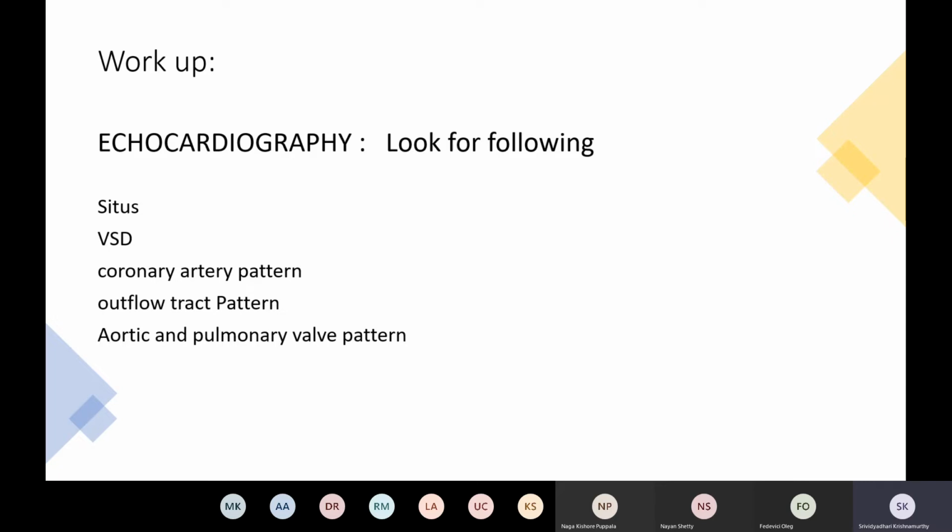Then we look at whether there is an ASD or VSD, the various mixing levels, the coronary artery pattern, the outflow tract pattern, and the relation between the aortic and pulmonary valve, because these have implications for when and how quickly we get into management of the condition. And of course, it has implications for how the surgeons manage it on the table as well.